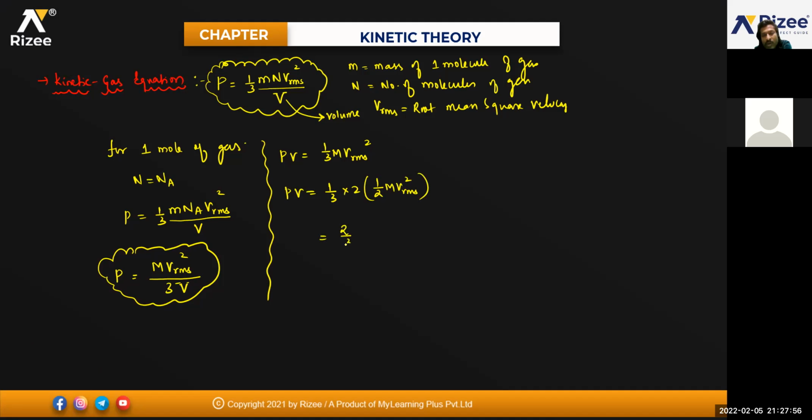So this will be 2 by 3 times the kinetic energy, which is equal to PV. This is one more important form of the kinetic gas equation.